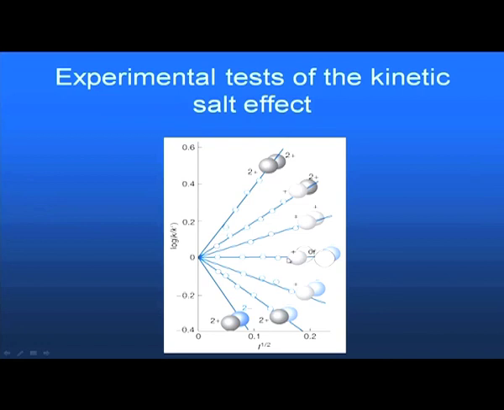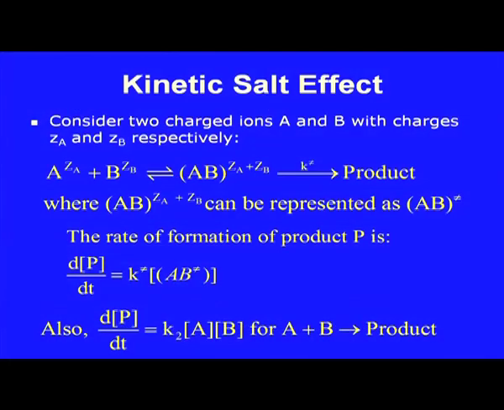Then this is plus 0 or minus 0, 0, again. 1 plus 1 minus, negative, 2 plus 1 minus, still negative, 2 plus 2 minus, minus 4 basically. So you see that it is a test, means you can test whether the effect of salt is there in a kinetic process, especially when we consider ionic species in solution.